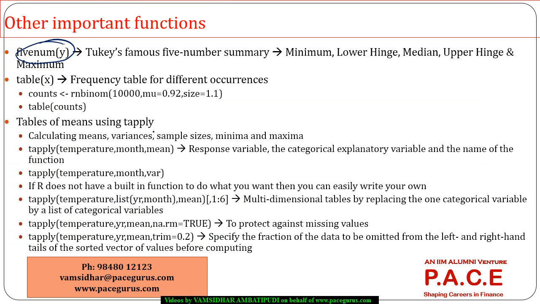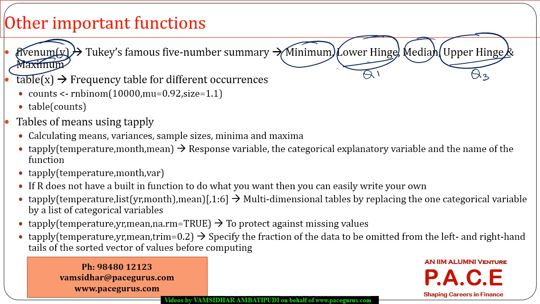Instead of exactly the quartile, it takes the minimum, it gives me the maximum. In the middle there is a median, just like your quantile. But in quantile, here it was Q1, the first quartile, and here it is Q3, the third quartile. Whereas here it computes the lower hinge and upper hinge, which is a slightly different interpretation, which still is computed based on the quartiles itself.